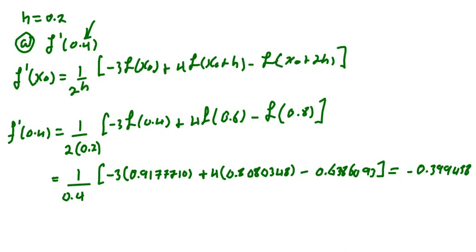That's the value that we get when we apply the 3-point endpoint formulas. I know we still have some formulas such as the 5-point midpoint, as well as the 5-point endpoint formulas, but they are not going to apply in this case, and the reason is that you have limited data.